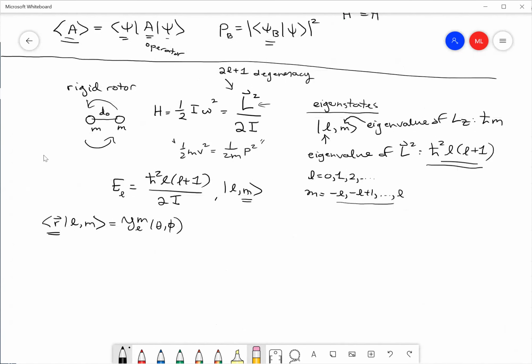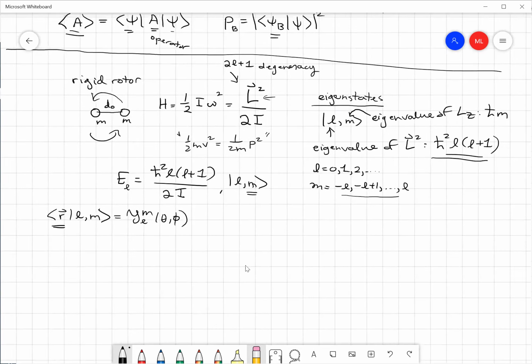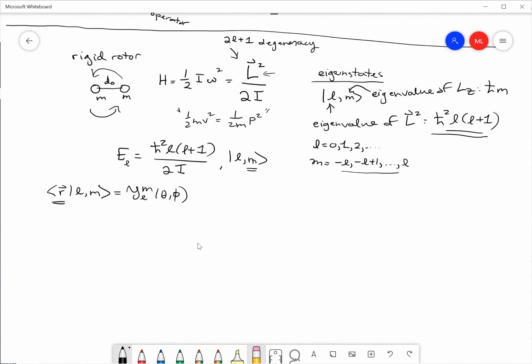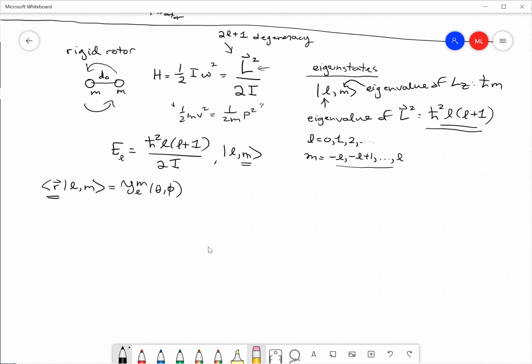And this is just a reminder of last semester where we did eigenstates of angular momentum. This is what we found. We talked about spherical harmonics for some time. So we'll need that, and we'll be using that again for the hydrogen atom.